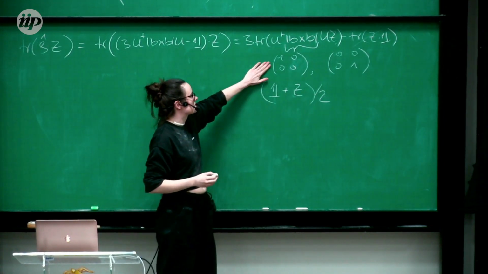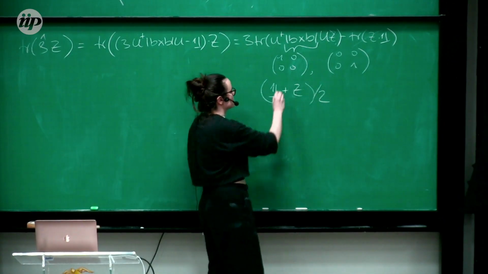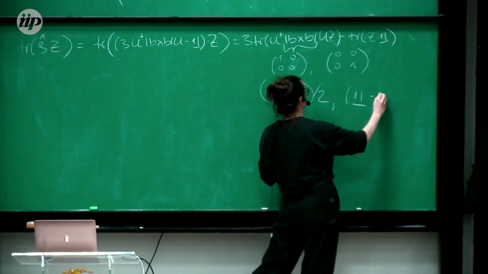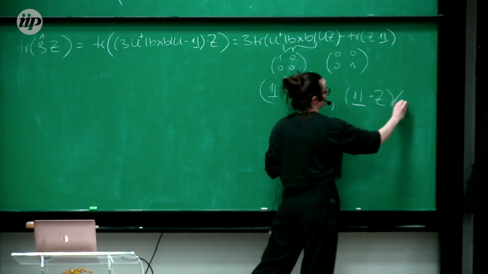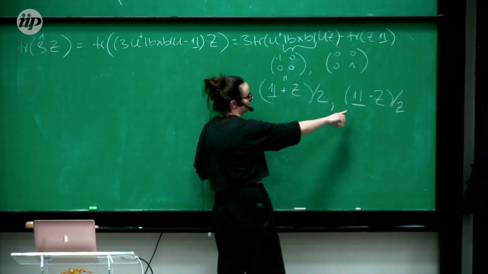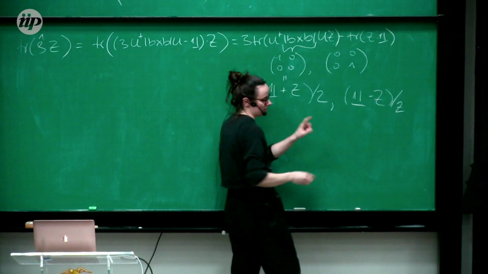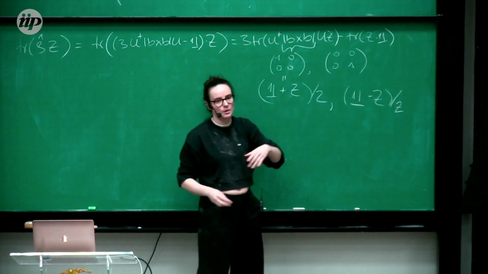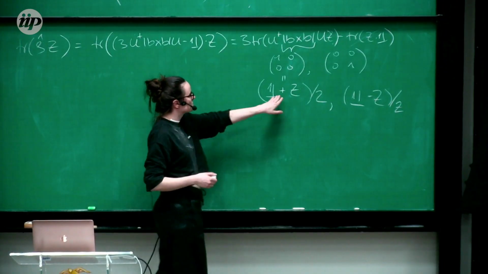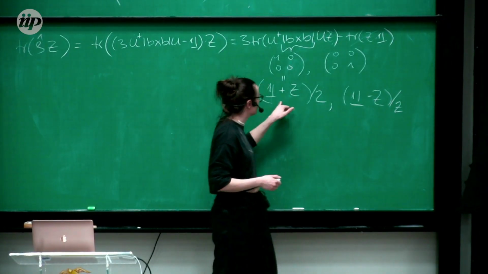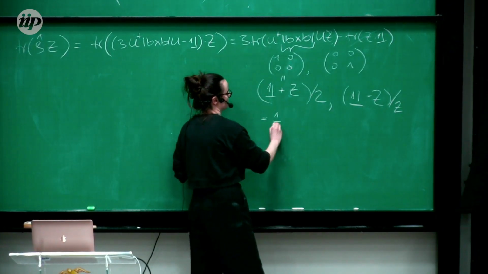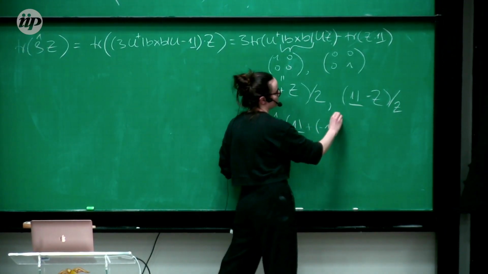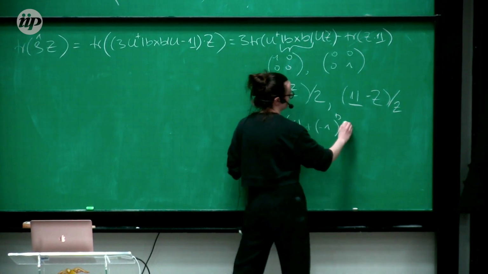And for bit 1 this is identity minus Z divided by 2, because this minus makes the minus in the upper right corner plus, and then it kills this one. So you see that it only differs in the sign. So you can just write it as identity plus minus 1 to the power of the bit that you got times Z.